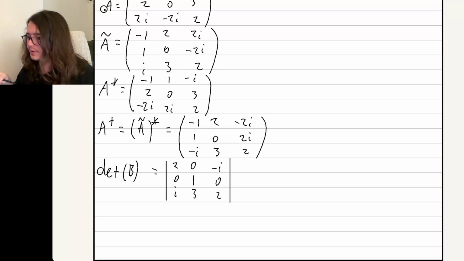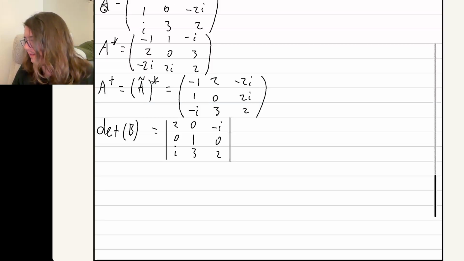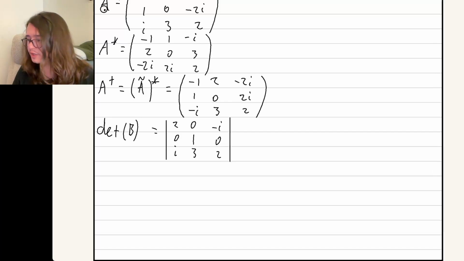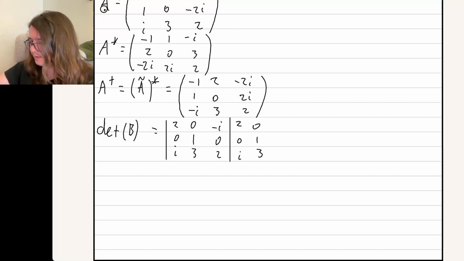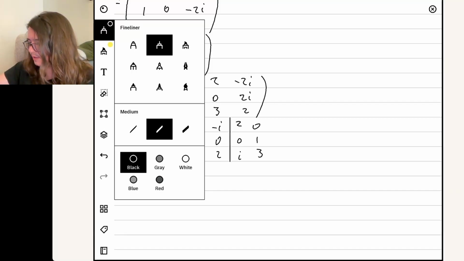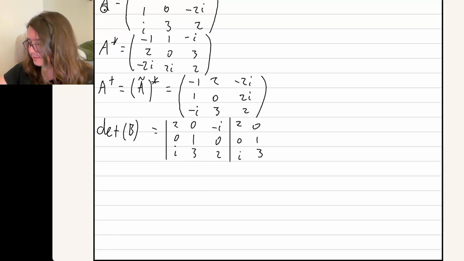And so the way that Griffiths teaches you to do this is rough. I'm going to show you the way that my Calculus 2 teacher taught me how to take determinants of three-dimensional matrices. What you do is you just write out the first and second columns again outside of the determinant, and you just multiply along the diagonal lines, right?